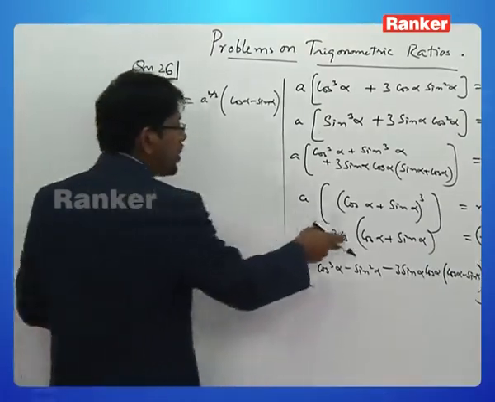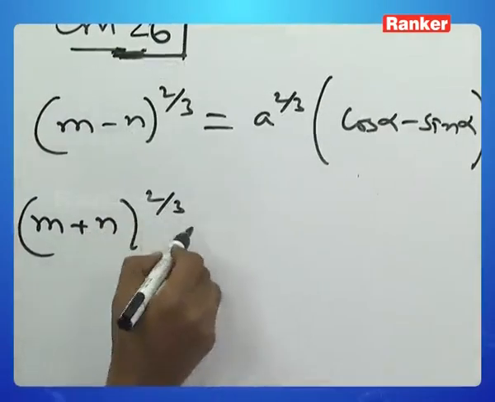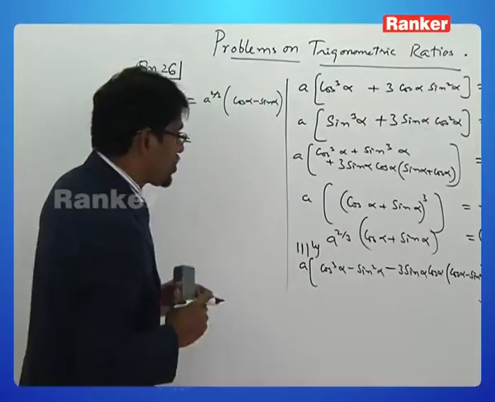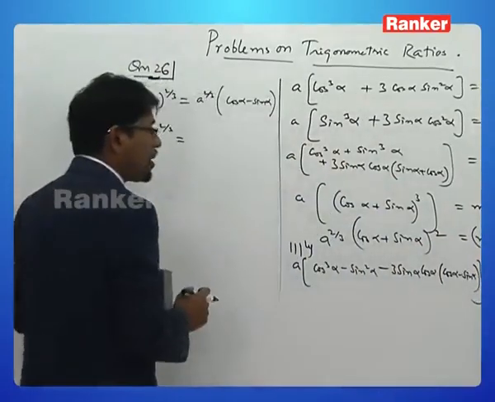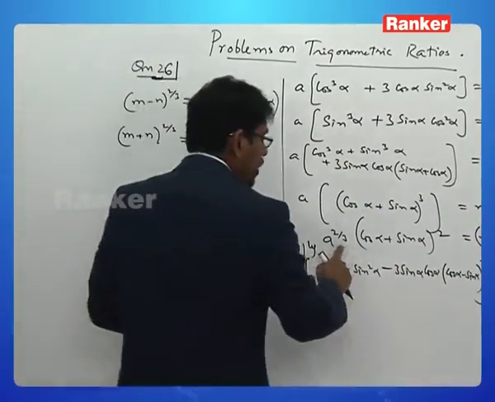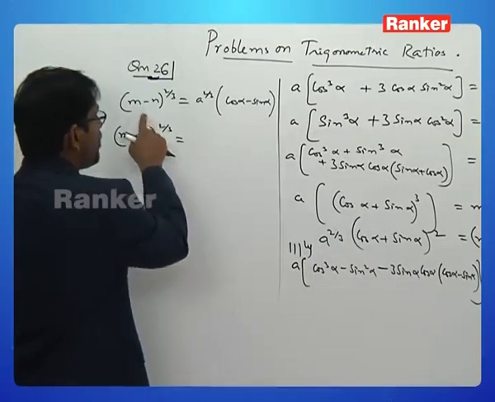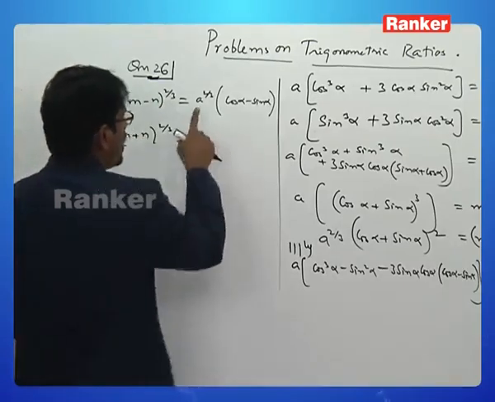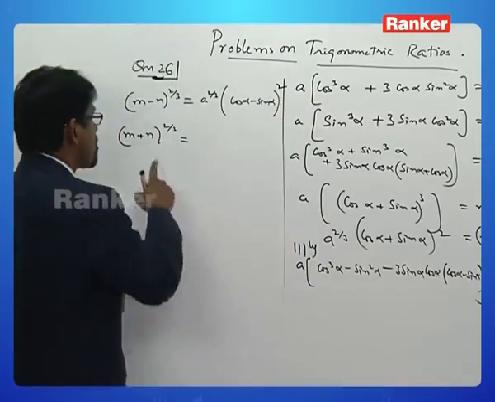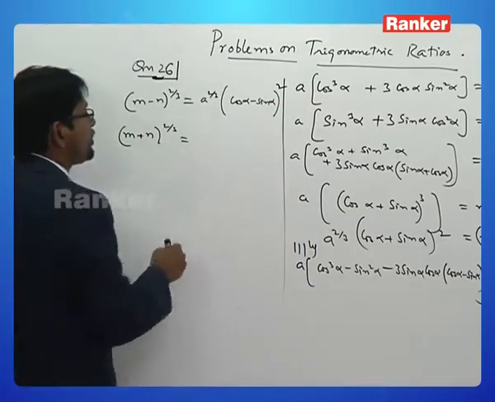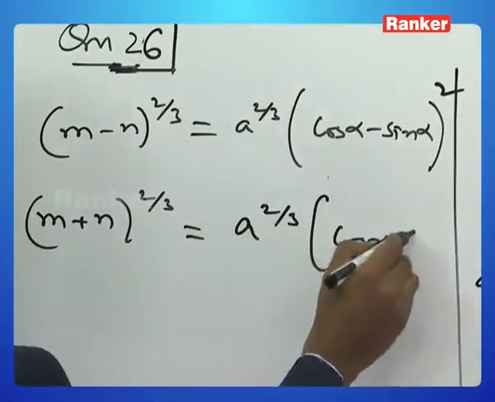Now when you add these two, what do you get? Sorry, we have a square of it here. m plus n raised to the power 2 by 3 will be a power 2 by 3 into cos alpha plus sin alpha whole square. And similarly, m minus n raised to the power 2 by 3 will be a power 2 by 3 into cos alpha minus sin alpha whole square.